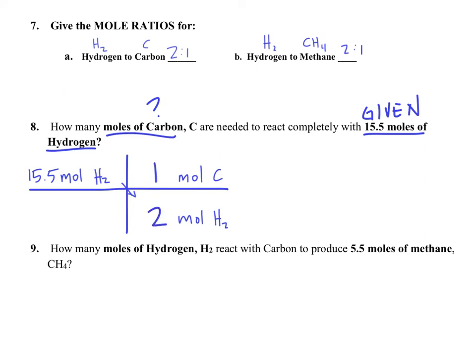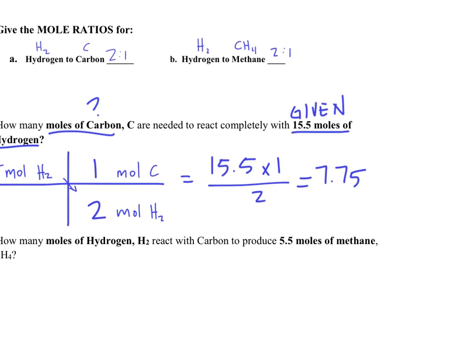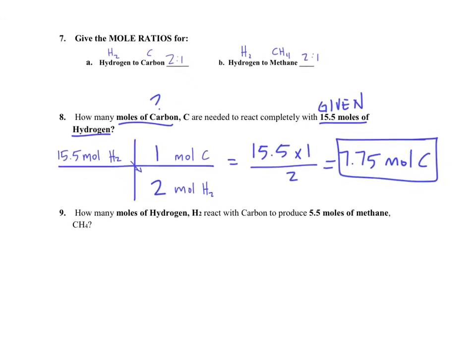So 2 to 1. Now I calculate. 15.5 times 1 divided by 2 gives me 7.75 moles of carbon.